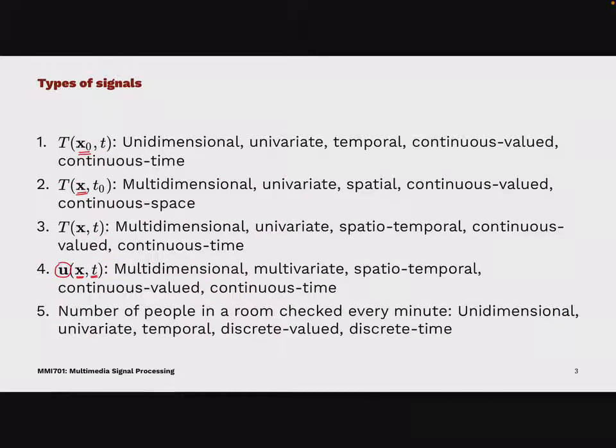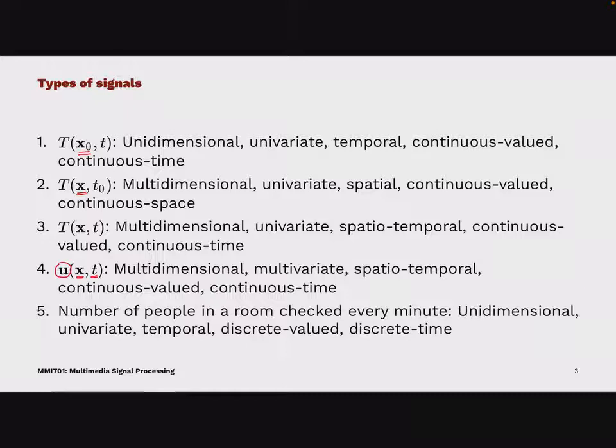Okay, so finally, another example for a discrete valued and discrete time signal. Let's say you're going and checking how many people there are in a room, and you're checking that every minute. So you go in, check it, go out, then you go check in, then you go out.